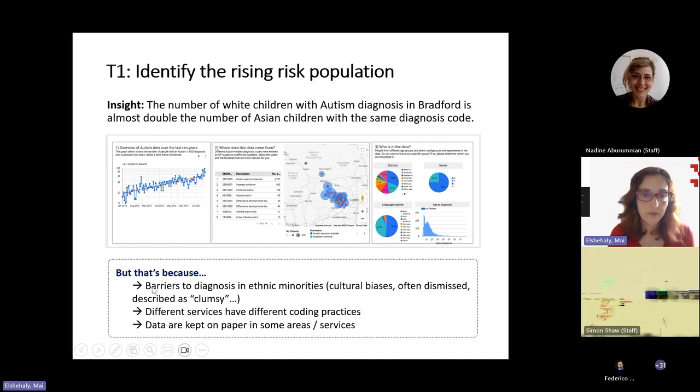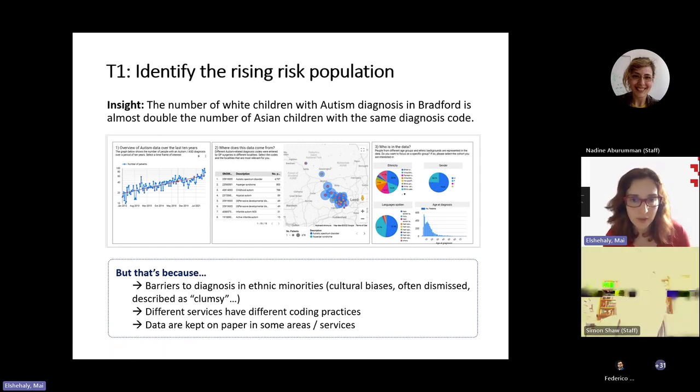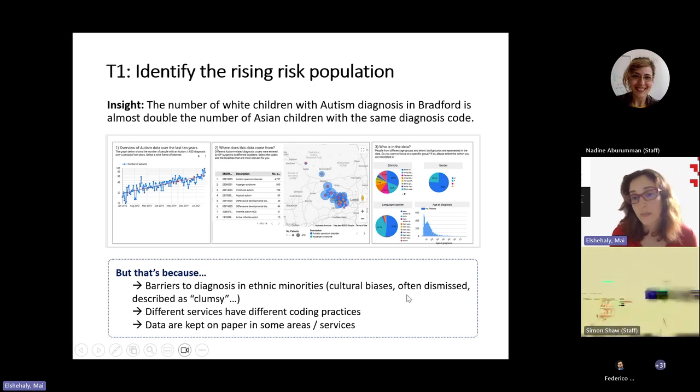And when speaking with different stakeholders, you could get the soft intelligence around this, or the qualitative side of the story that really brings you a bit closer to the reality. The fact that there are barriers to diagnosis in ethnic minorities, such as cultural biases, concerns by parents often being dismissed by professionals, or children being described as just clumsy.